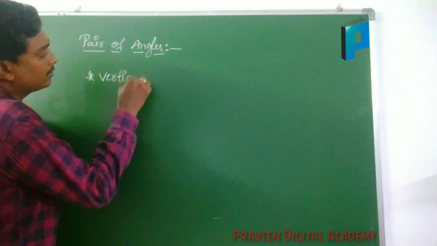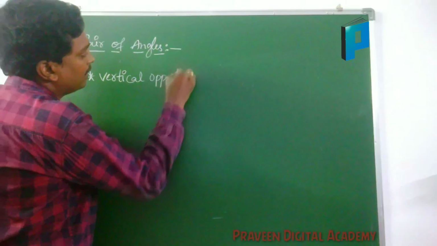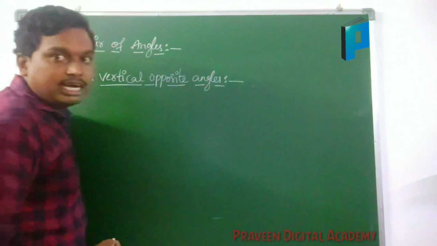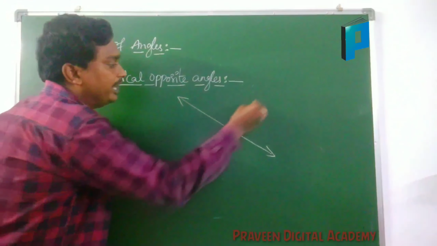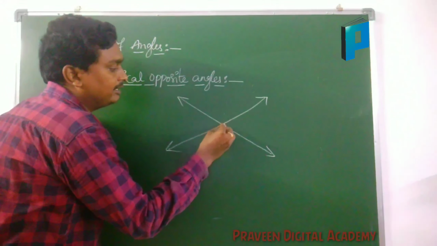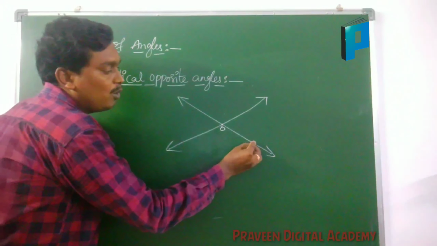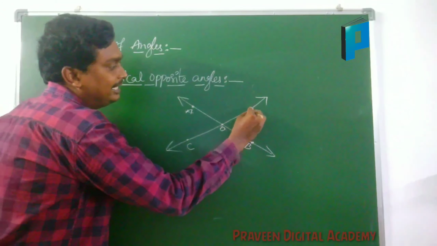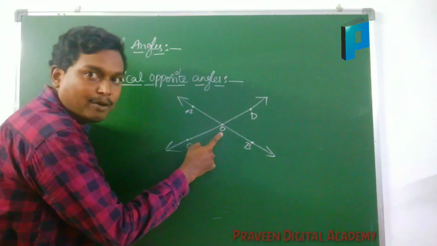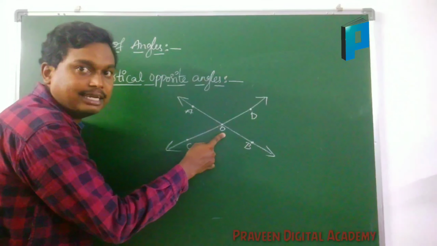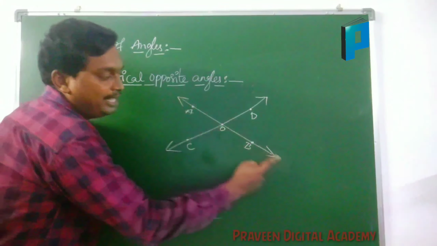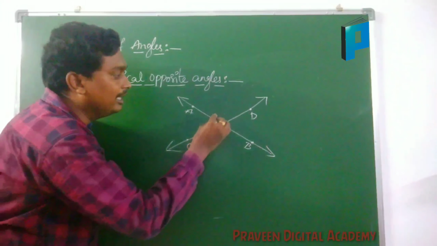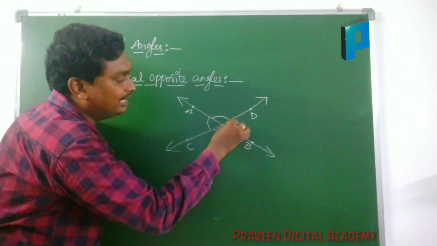Vertical opposite angles. Here, if you are having two intersecting lines, let us take the intersection point as O, and I will take this line as line AB and this line as line CD. If two lines intersect at a point, that point is called the point of intersection, which I have taken as O. Here AB is one line, CD is the other line. When two lines intersect at one point, there will be four angles.